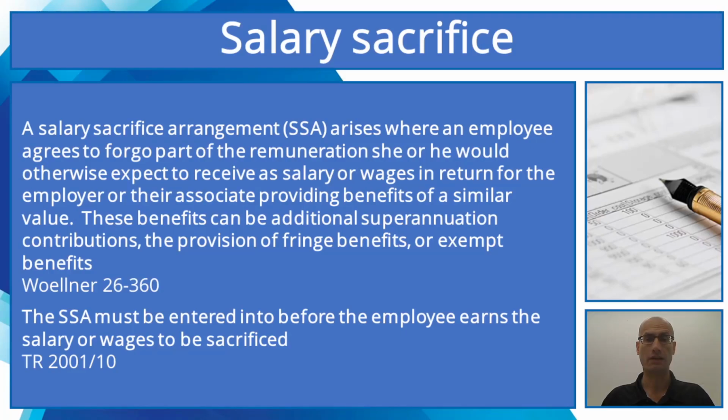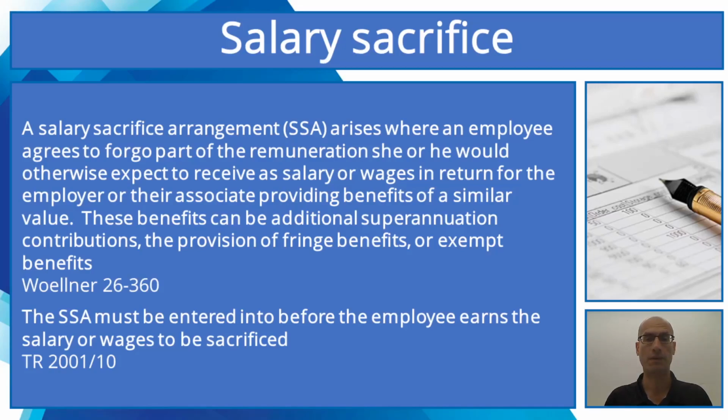Salary sacrifice. This is a system whereby an employee and an employer can agree that the employee's wages or salary is reduced by an amount, and that equivalent amount is then given to them in the form of some benefit.